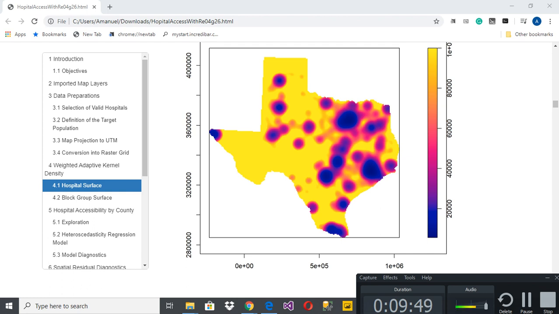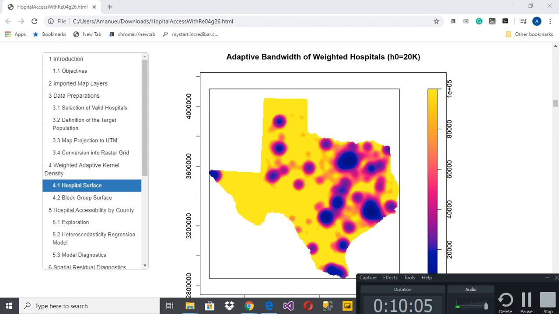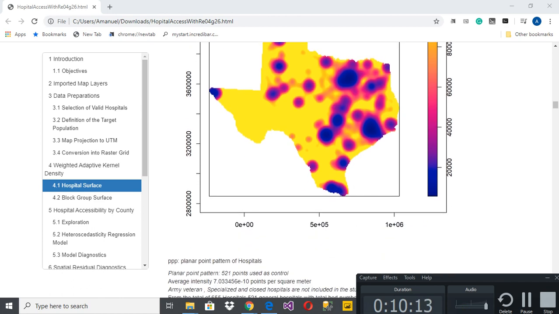And due to traffic congestion, a 10 kilometer drive time in an urban area is equivalent to a 30 kilometer drive time in rural areas. So we can say that this adaptive bandwidth is suitable for this heterogeneous distribution of hospitals in Texas.